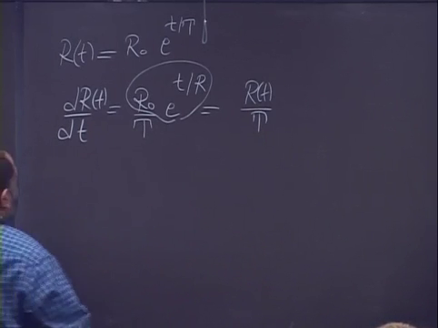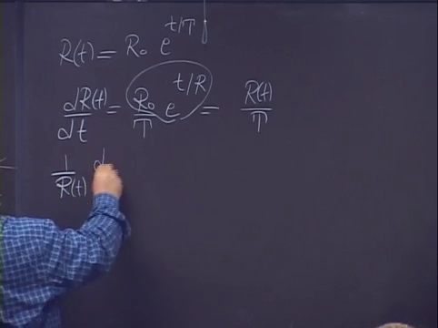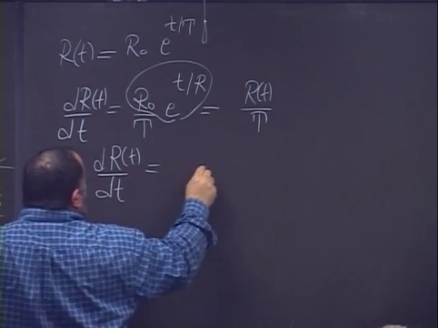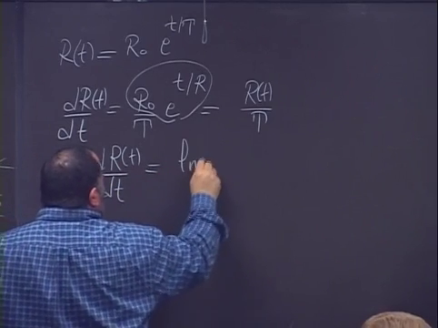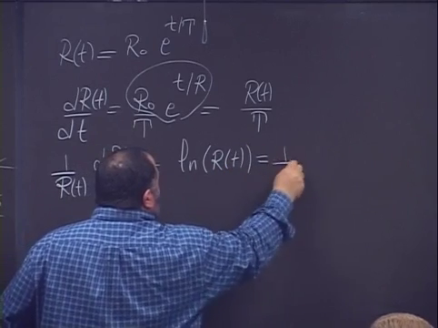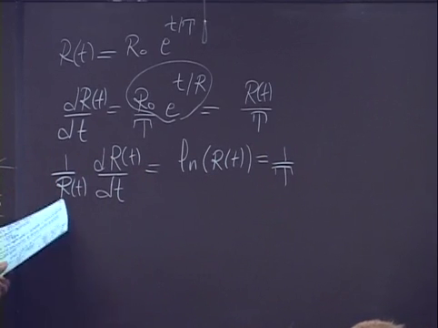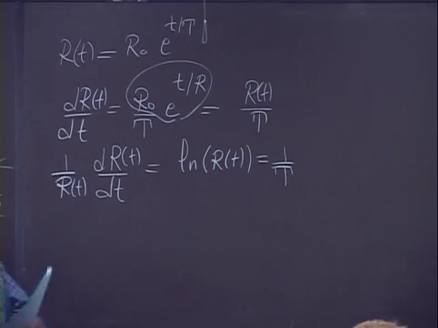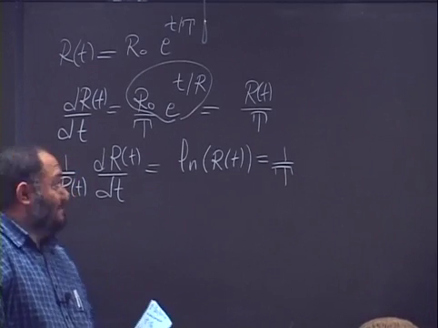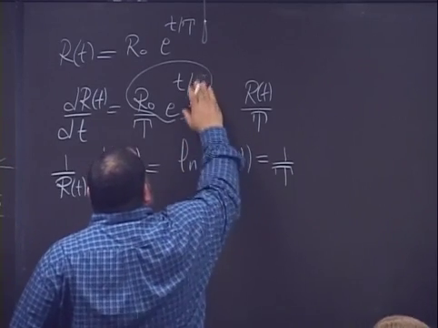And if you bring 1 over R, dR of t by dt, which is d ln R of t by dt, is equal to 1 over the period. So if you want to get the period, you can take the reading from the reactor panel. This is e to the power of t over T, sorry.